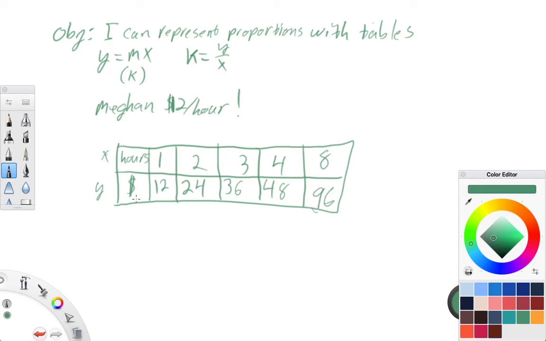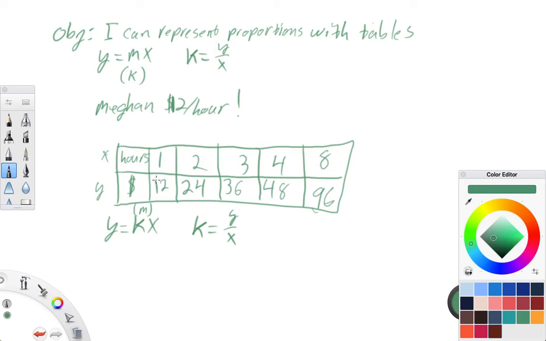The next part is we want to be able to write this as an equation, right? So we want to write this in y equals kx or mx form. We know that our k is equal to y over x, right? And because it's equal to y over x, we can take any of these y's, divide it by the x, and that will give us our k.